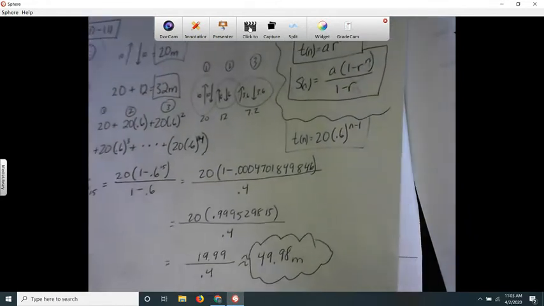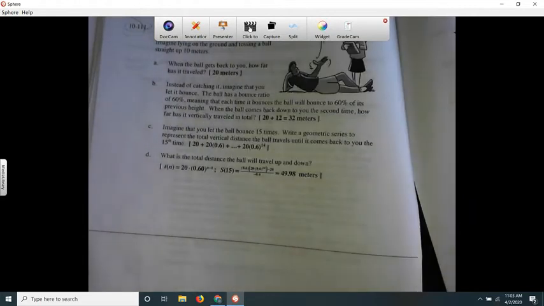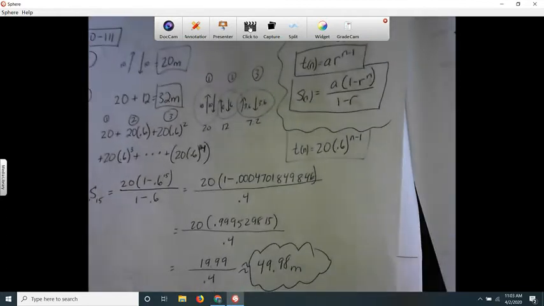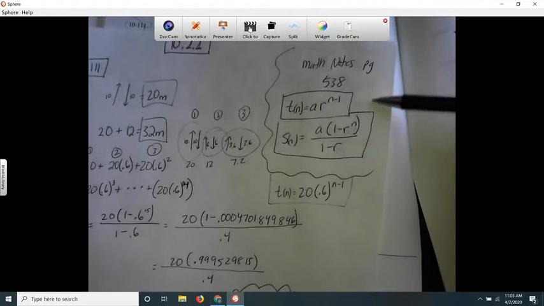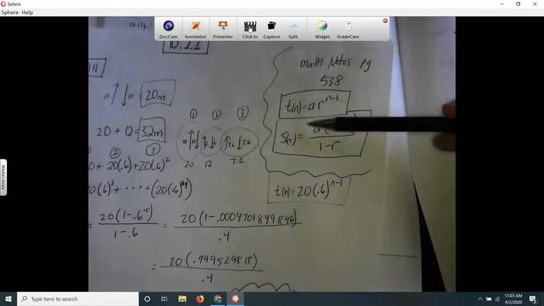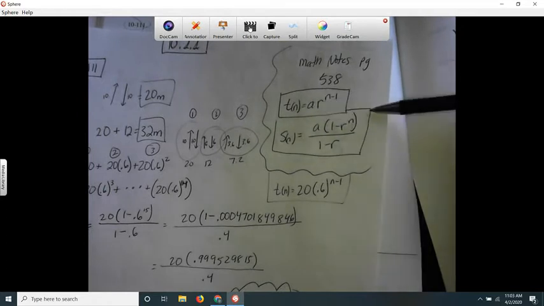And then letter D says, what is the total distance the ball will travel up and down? Well, we have a formula for that, in the math notes box, and we talked about it in the last video. It's the formula to sum up all the terms of a finite series.